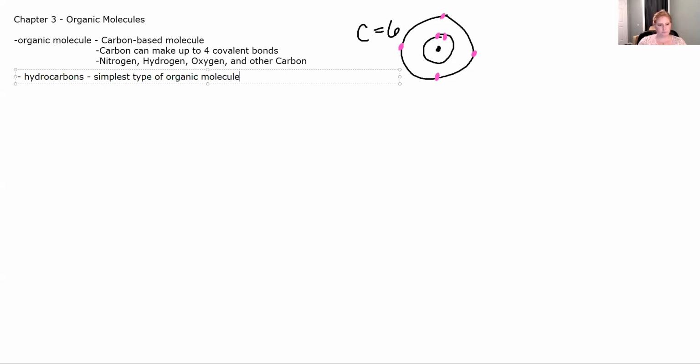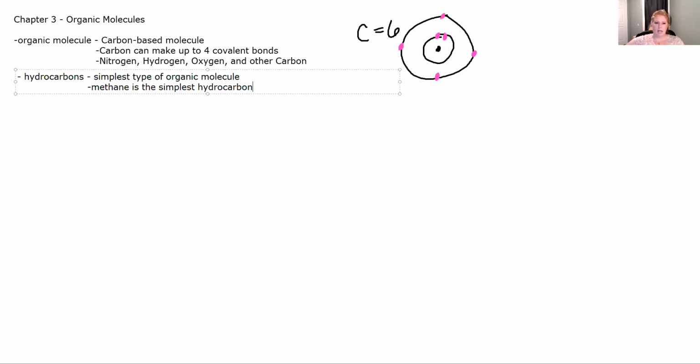One of the simplest of these hydrocarbons is the gas methane. So hydrocarbons are the simplest organic molecule, and the simplest hydrocarbon is methane. A lot of the gases that end in -ane are hydrocarbons: ethane, methane, octane, pentane. There's a ton.